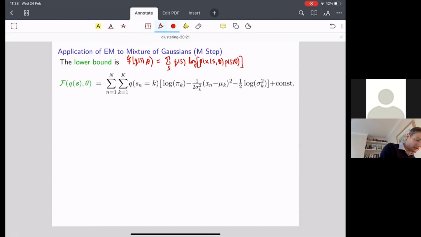This is the log joint here. Plus the sum on S, Q of S, log Q of S. And actually this term in here has a minus sign in front of it. This is something that we talked about in the last video, how you'd move between the lower bound and this alternative formulation of the lower bound.